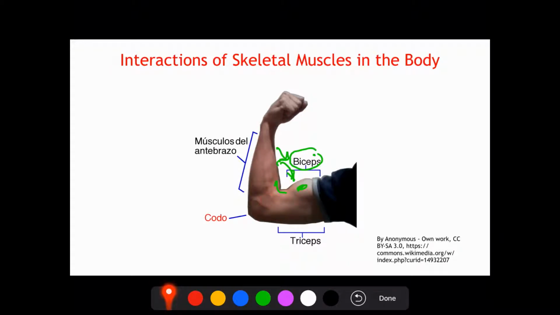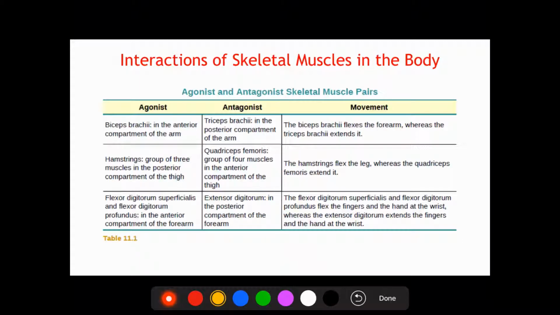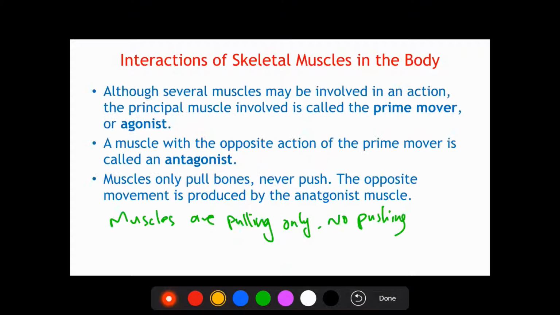So in order to do the extension, the triceps have to contract and pull the forearm into this direction. And in this way, we have the two terms, agonist and antagonist.